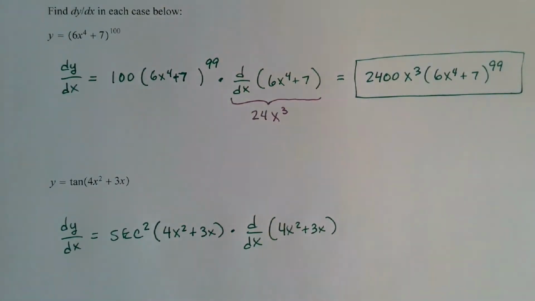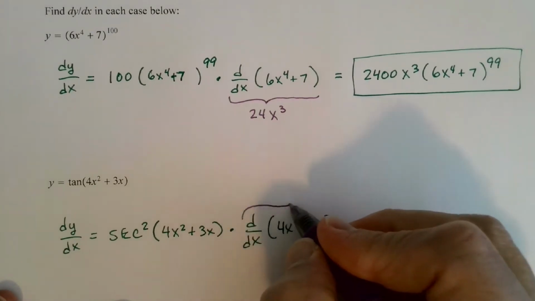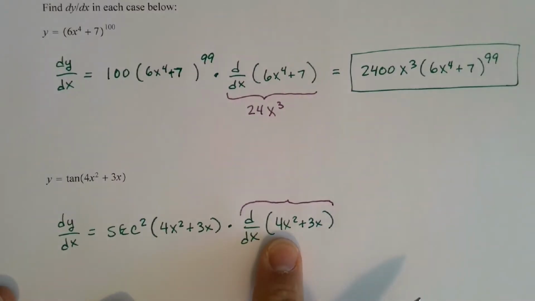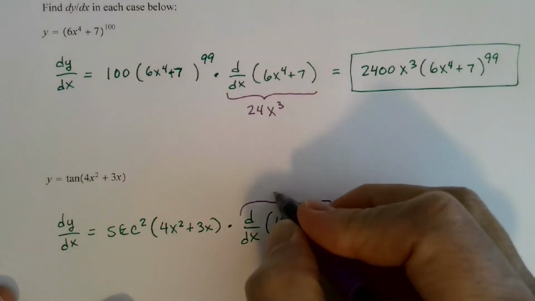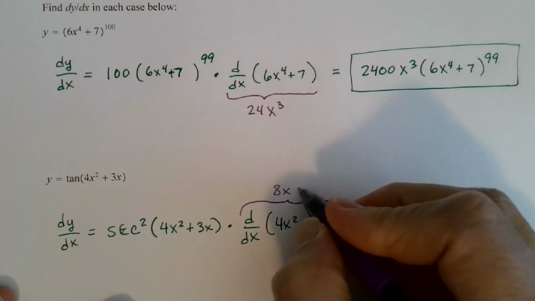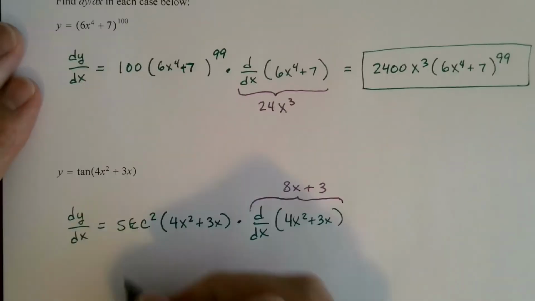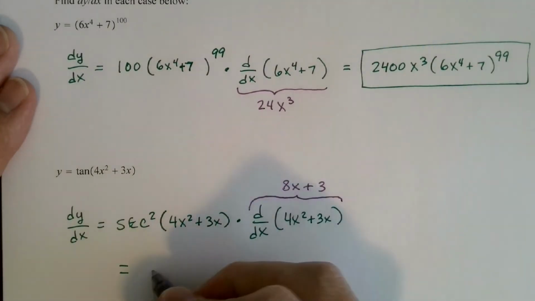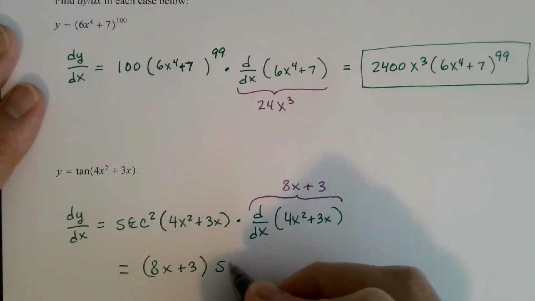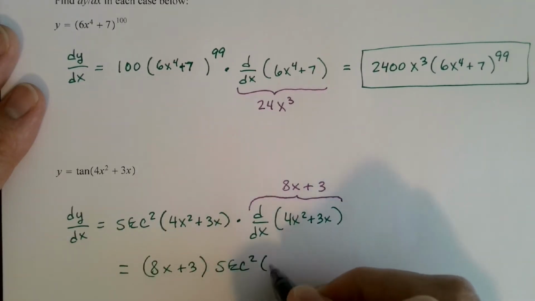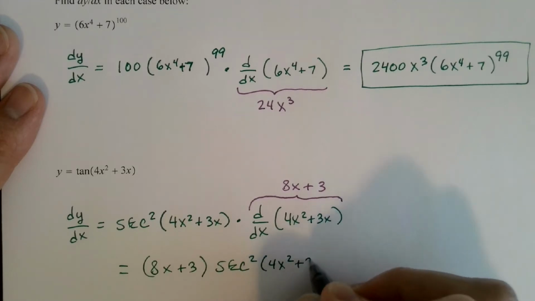And what is the derivative with respect to x of this stuff? Well, that's pretty easy. Bring the 2 down, 8x to the first plus the derivative of 3x is 3. So we might write our final answer, bring this stuff in front, 8x plus 3, I have to put that in parentheses, times secant squared of 4x squared plus 3x.